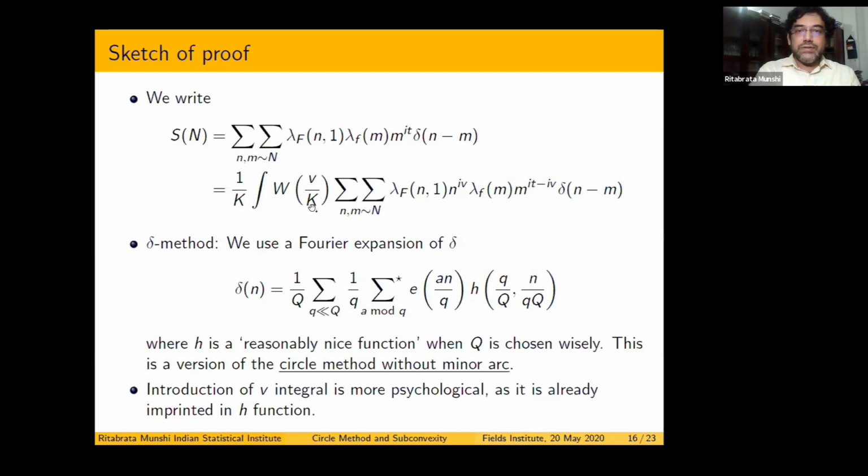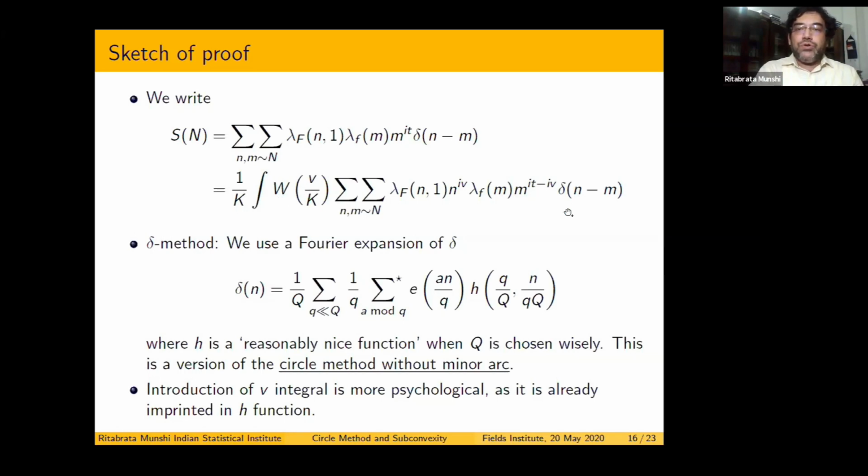It's not really necessary, but from a psychological point of view, it helps. So I'm introducing this integral. I have n to the power iv and m to the power minus iv, and since n equals m, this integral gives you K. I'm assuming that the whole mass of w is 1, so that balances this K.